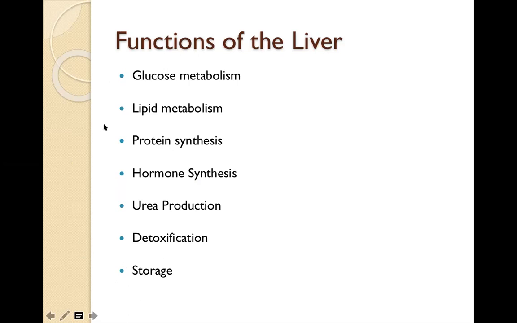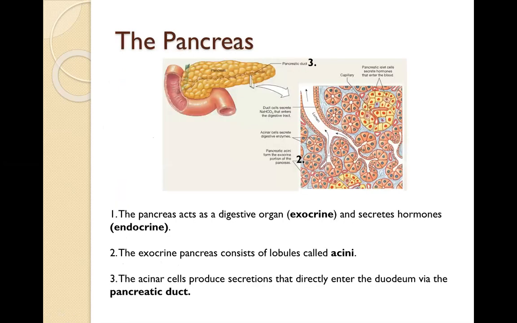It has a lot of functions, and that's in addition to the bile function of the liver. So we're going to go back and talk about the physiologic functions of the gallbladder and the liver when we talk about bile a little bit later on in the GI section.